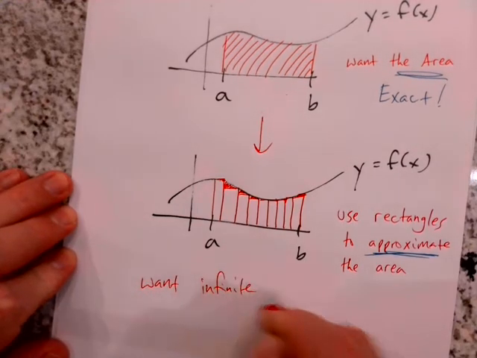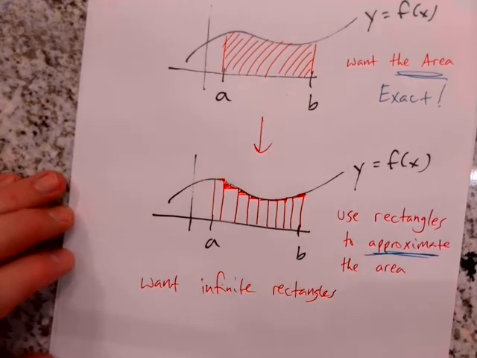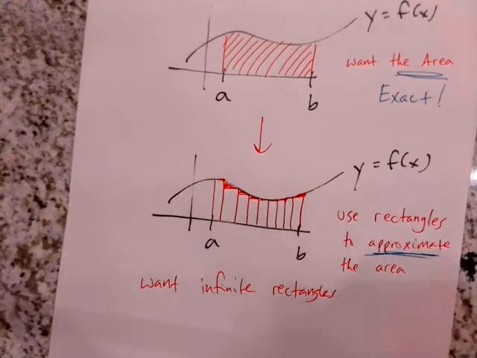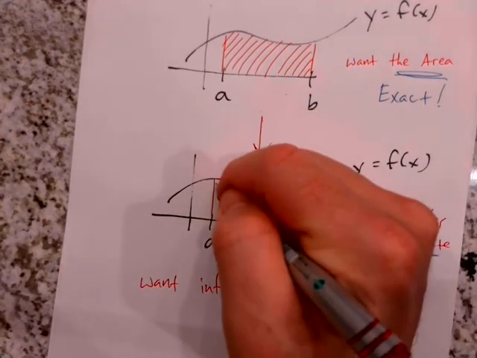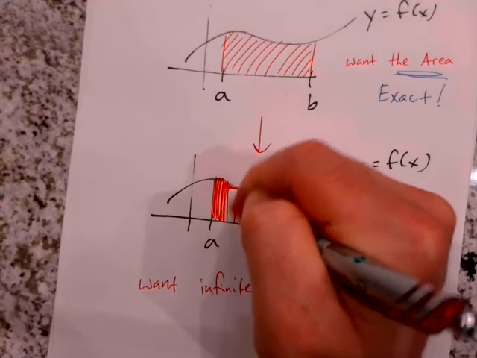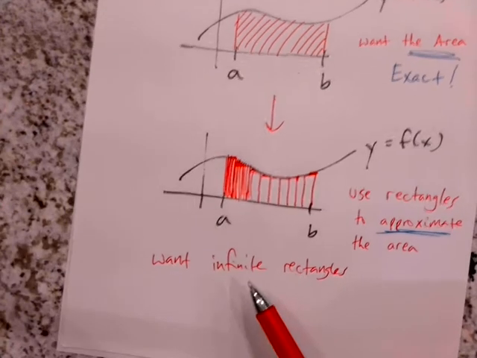If you have an infinite number of rectangles, then there will be nothing left out or extra. Each rectangle will just fill up the space exactly. It's like if you colored in by drawing a bunch of individual lines. Nothing's left out, everything is filled in perfectly. But we can't have that, right?